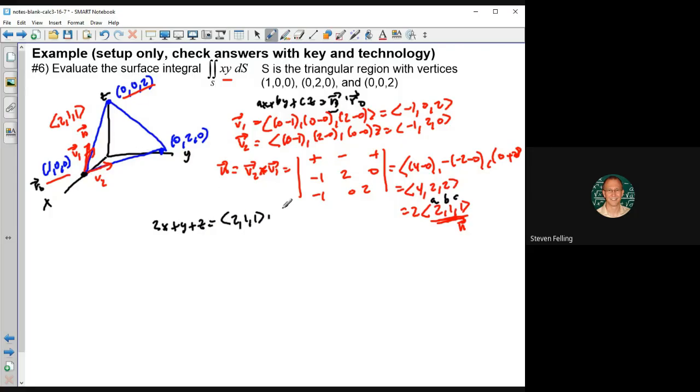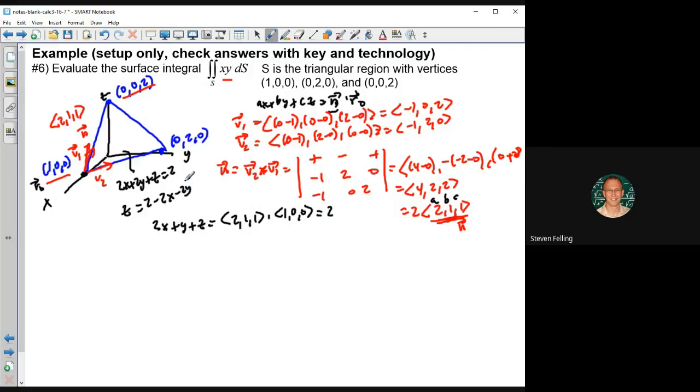I'm going to pick this one, 1, 0, 0, which would be 2 times 1 plus 1 times 0 plus 1 times 0, which is 2. So this plane is 2x plus 2y plus z equals 2, right? All right, or if we solve it for z, it's 2 minus 2x minus 2y, right?